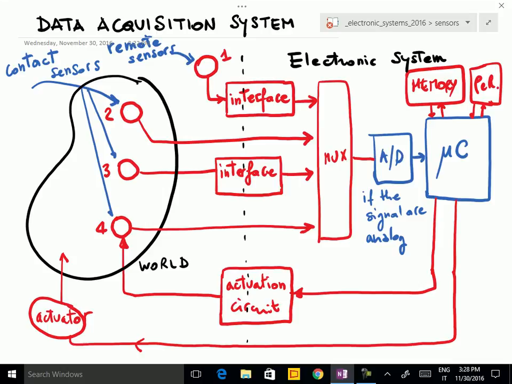data into the electronic system, and then we typically do not have too many I/O ports for the microcontroller, and therefore we need to use a multiplexer to select one input from a sensor at a time.